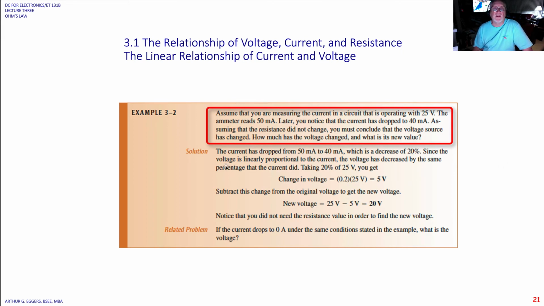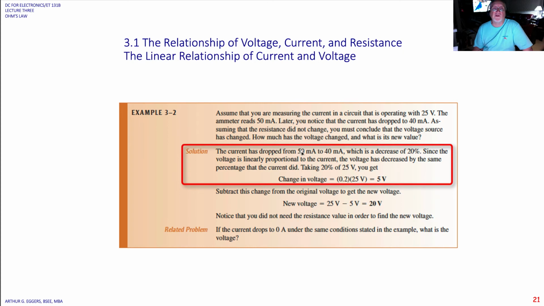Now if we look at this, the solution says the current has dropped from 50 to 40 milliamps, which is a decrease of 20%. Since the voltage is linearly proportional to the current, the voltage has decreased by that same percentage that the current did.